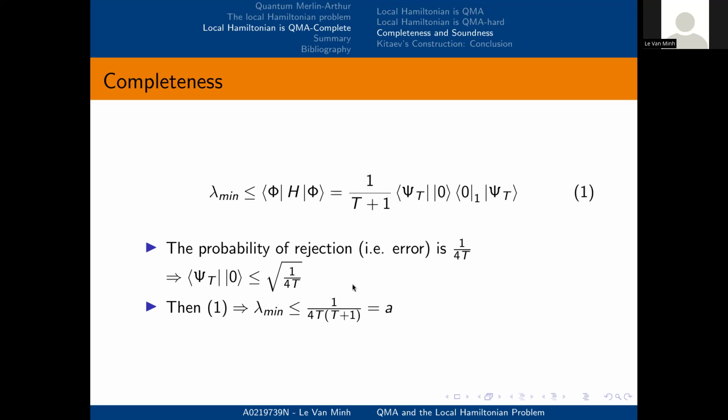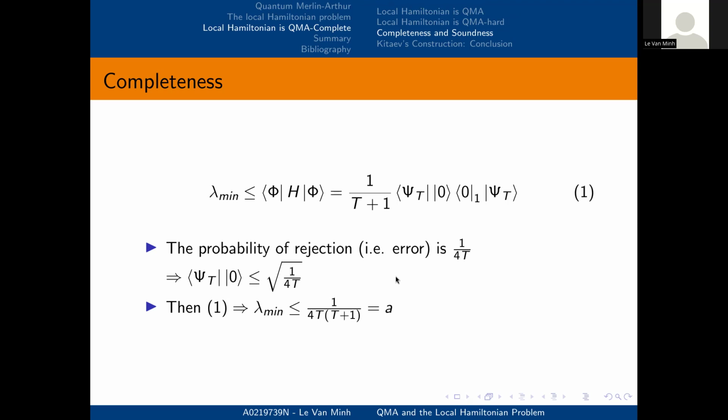Because the probability of rejection is less than 1 over 40, we conclude that when we make a dot product between psi t and 0, it will result in less than or equal to square root of 1 over 4t.